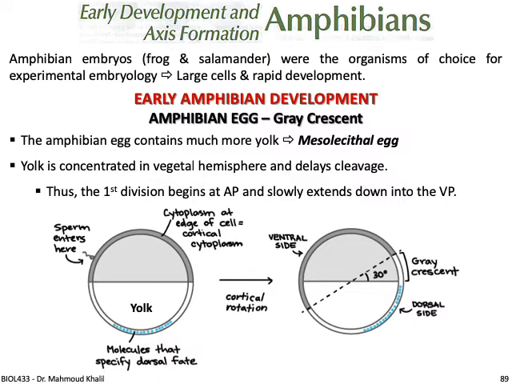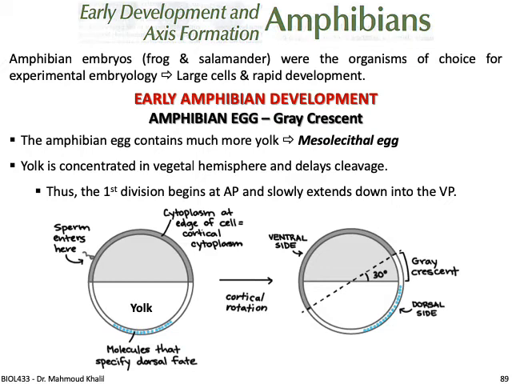So you can see that the molecules that specify the dorsal fate are located ventrally, the ones in light blue. The sperm enters from the left side, as you can see, and the cytoplasm at the edge of the cell is called cortical cytoplasm. Once there is fertilization, as we said before, there is a cortical rotation.